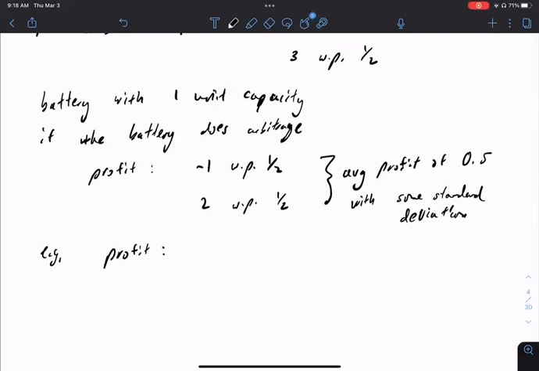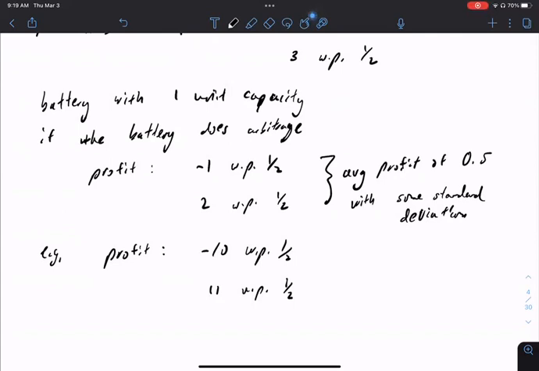For example, you may be okay with -1 and 2, but you can think of this as -10 and 11. This may be your profit, right? It could be -10 or 11. Then you have to think about whether you really want to do this or not.